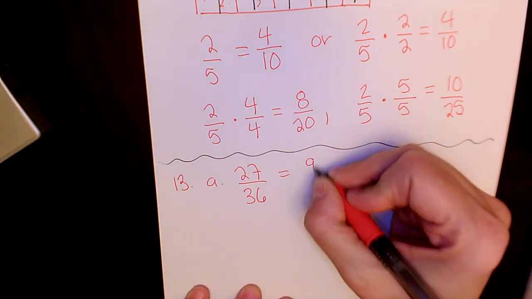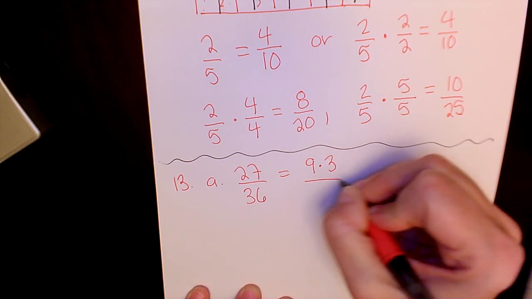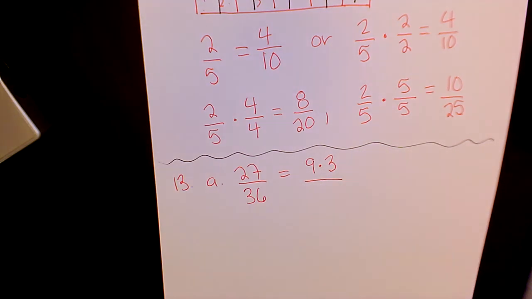So let's see, 9 times 3 is 27. Factors of 36, I've got 6 times 6, 3 times 12, 9 times 4. You could use any of those.